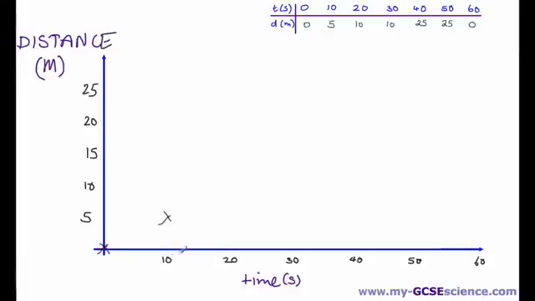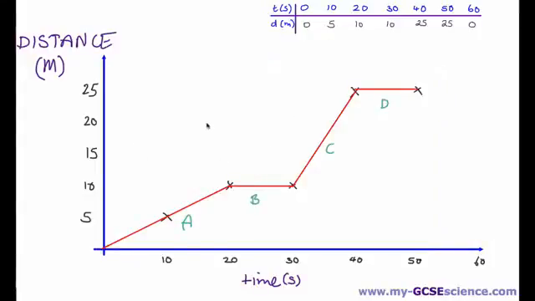After another 10 seconds at 20 he's travelled up to 10 meters, and so on. So you could go through the table plotting all the individual points, and you'd end up with a graph that looks something like this. Okay, so we've got the journey of the cyclist plotted out on a distance time graph, and you can see how the distance and time changes for different regions of the graph.